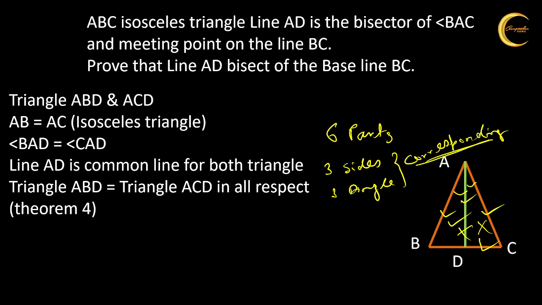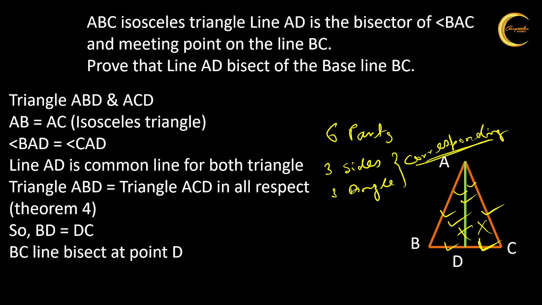Now we can say this BD line equals this DC line. Okay. So this AD line is the bisector of the base BC, or D is the midpoint of the BC line. Okay. Now you can see we have proved the first problem.